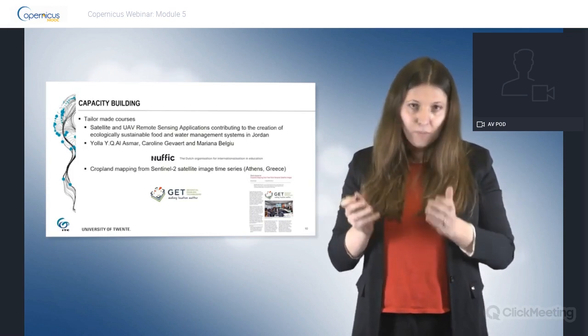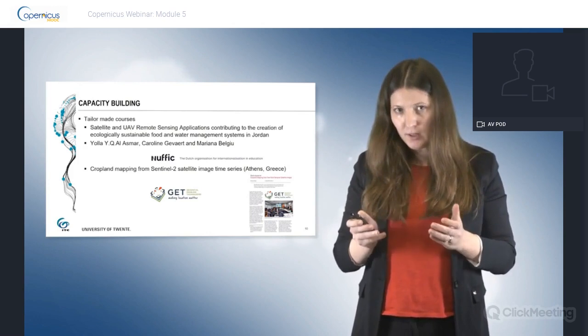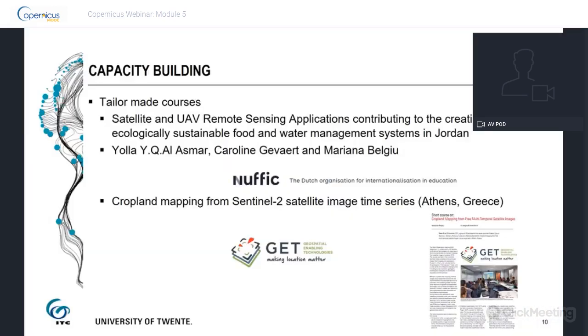So one important pillar in our activity here at ITC is capacity building. We focus a lot on developing tailor-made courses. These are courses that are tailored to the needs of international organizations. I want to give you an example of a NAFIC tailor-made course.